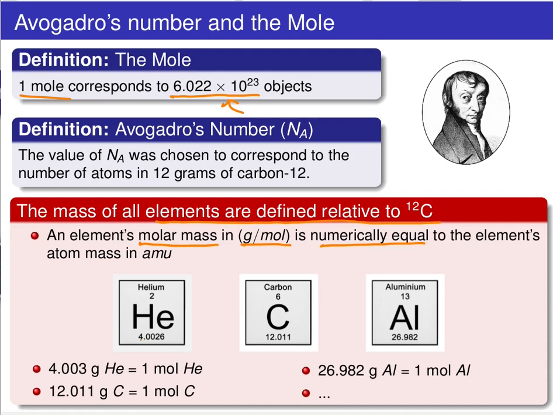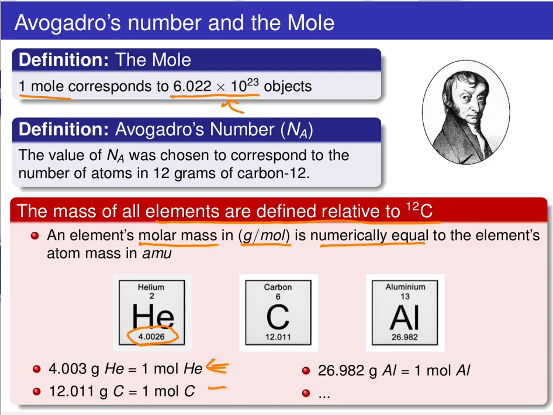We can go directly to that periodic table, for example for helium, look at that average atomic mass of helium, and conclude that the molar mass of helium is 4.003 grams of helium in 1 mole of helium. Okay, so this is our molar mass conversion factor.